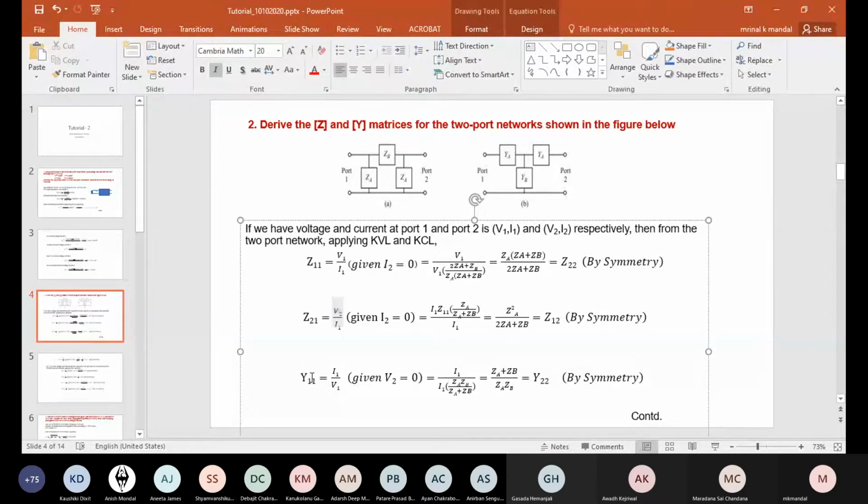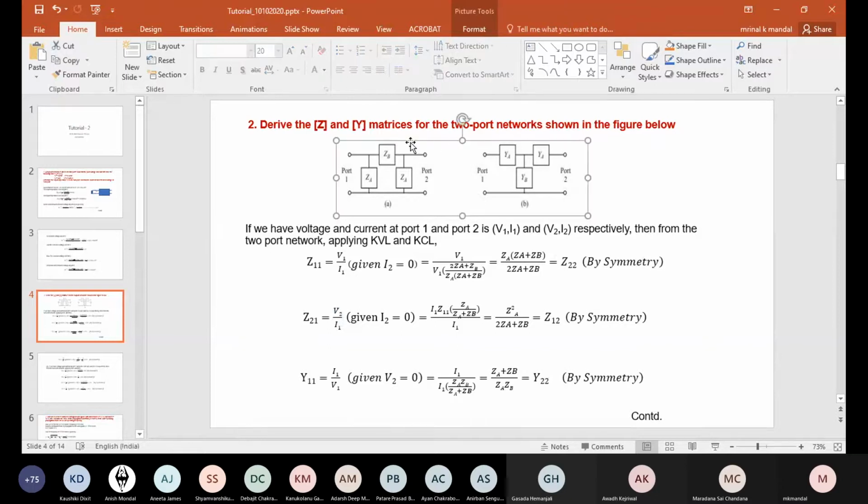Now, what about Y11? We use the definition again. It is I1 by V1 provided V2 is 0. It is a short circuited parameter. So V2 equal to 0 means I have to short it.